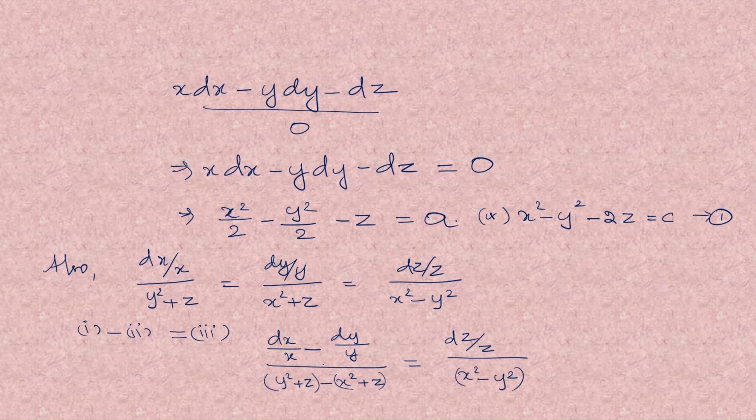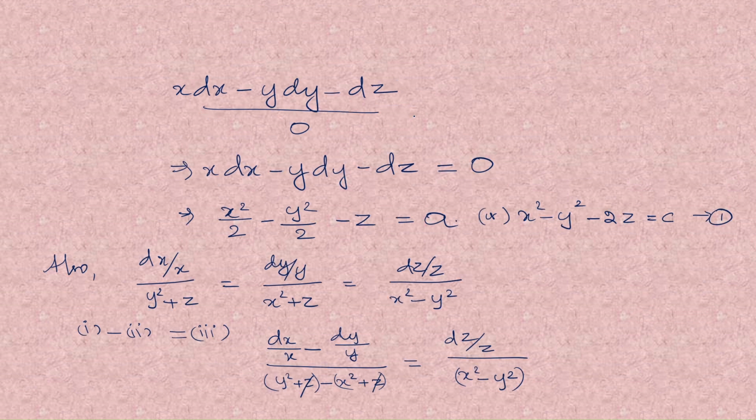What happened here is that this z and this z get cancelled. The denominator becomes y square minus x square, and the right hand side is x square minus y square, one being the negative of the other. So we can cancel this x square minus y square.